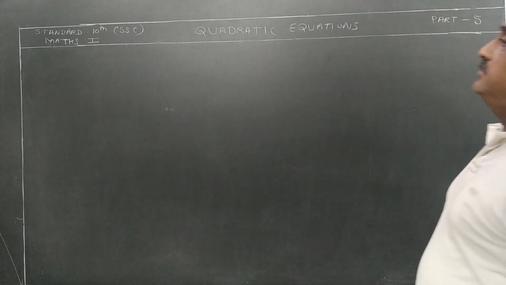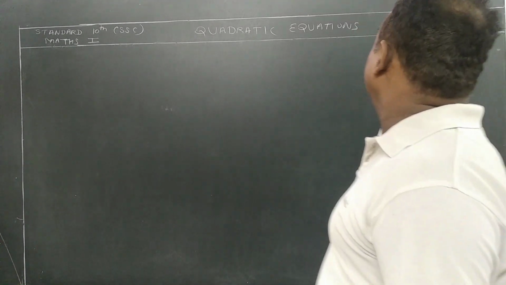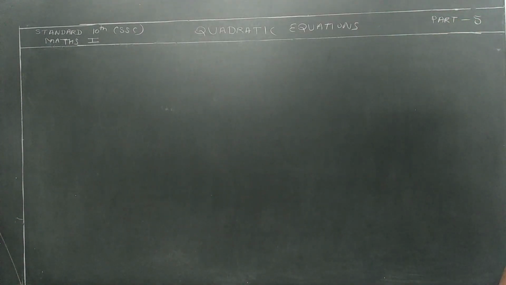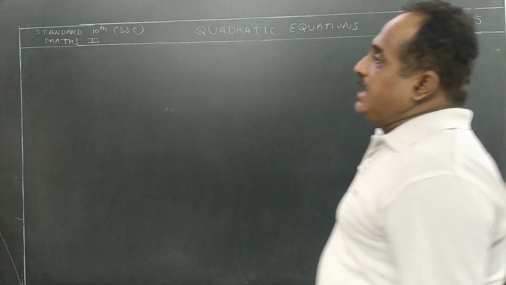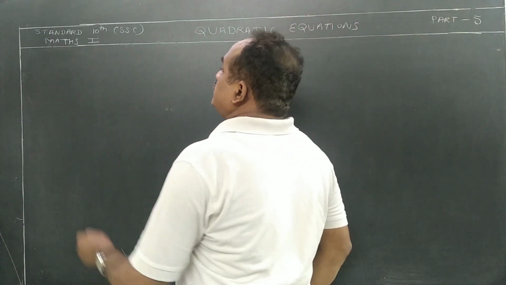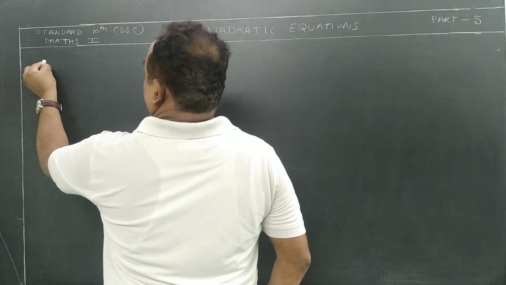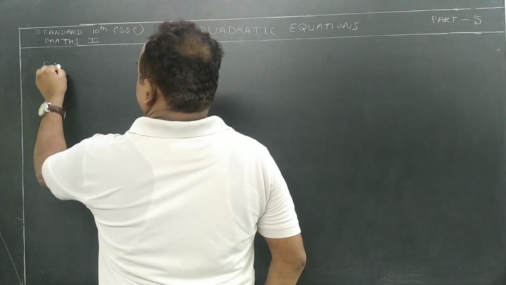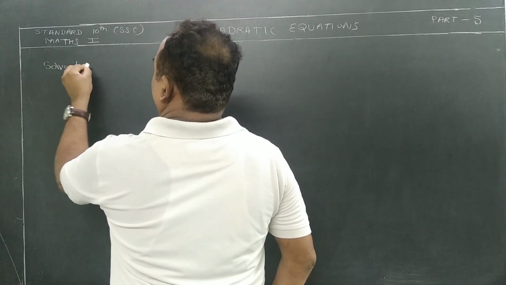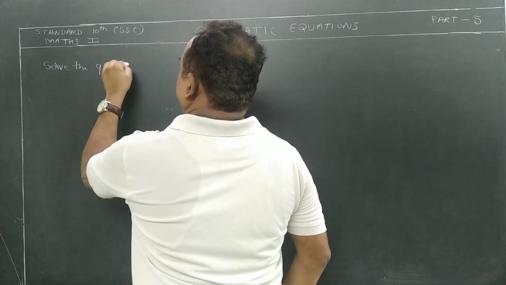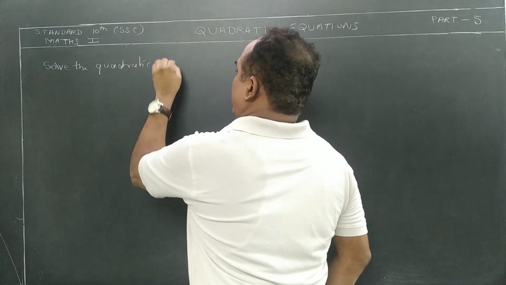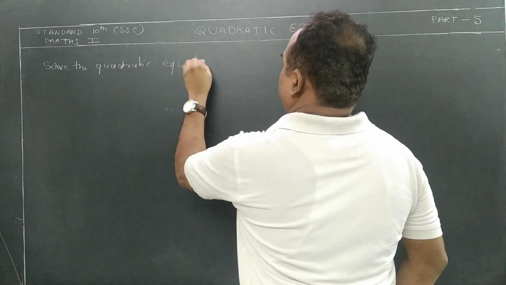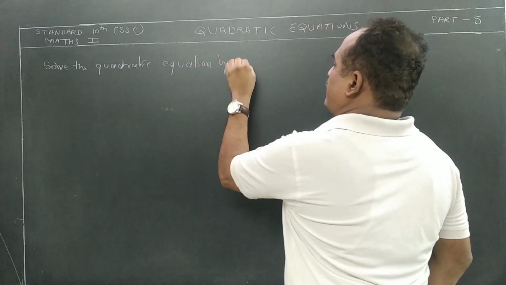Students, we are on the quadratic equation part 5. Now we are going to derive, means solve. They will ask the question, solve the quadratic equation by using formula.